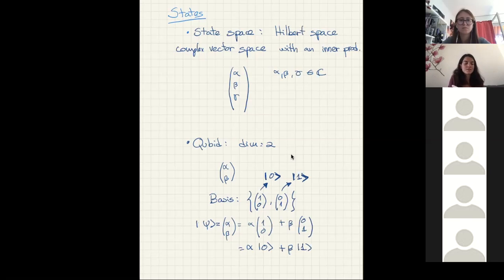In infinite dimensions, so let's say the continuous case, we could take a basis, which we call X, for example.